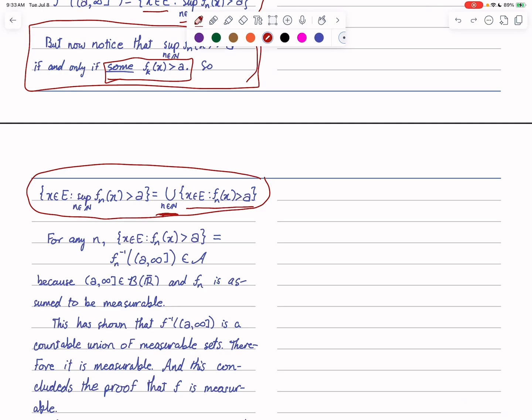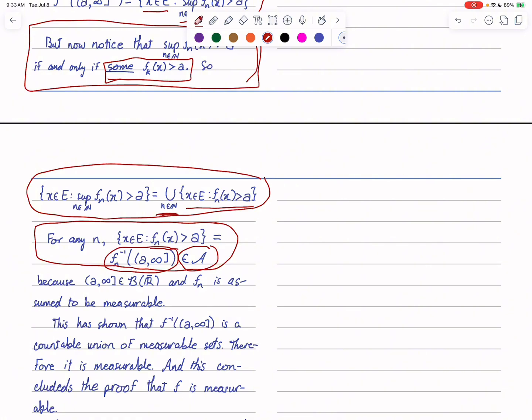and each one of these sets, by the way, is measurable. That's also important to emphasize: for a particular fixed n, we're just talking about the pre-image of this interval for the nth function. Because each individual function is assumed to be measurable, and we're taking the pre-image of some measurable set, this must be measurable.